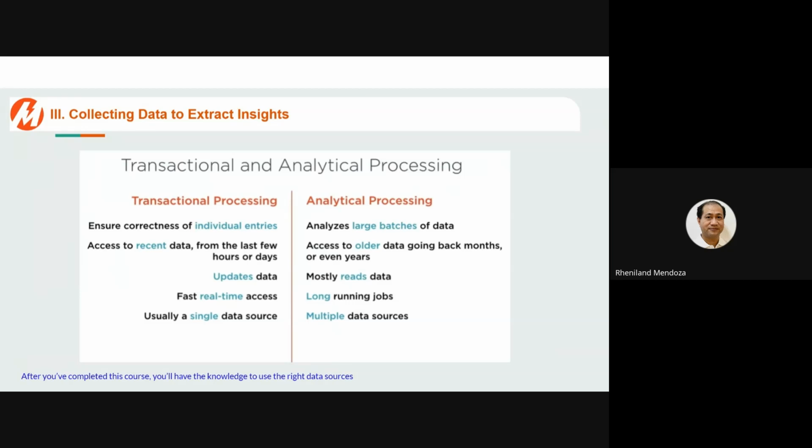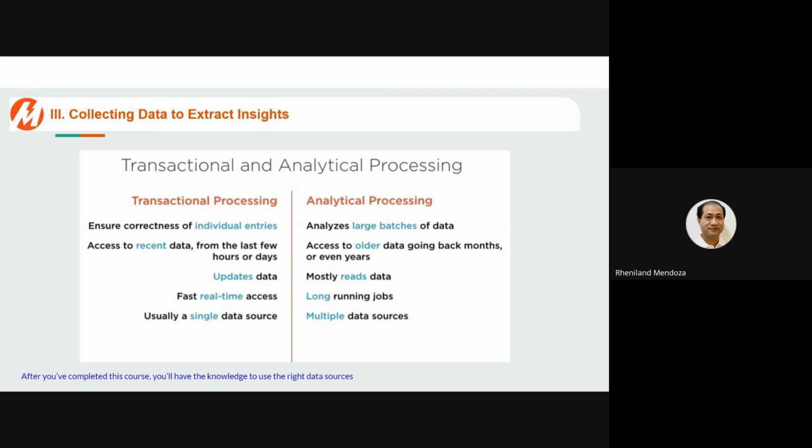Whereas analytical processing involves analyzing large data in batches. For transactional processing, recent data is more important and significant. Access to recent data from the last few hours or even minutes is needed.